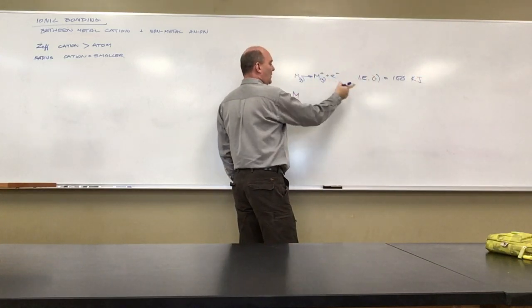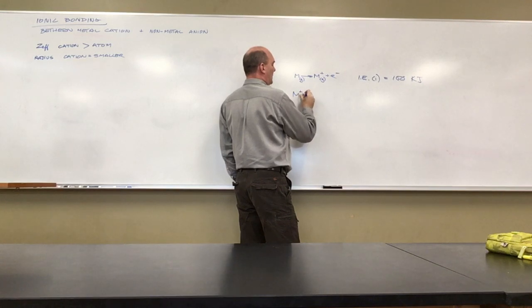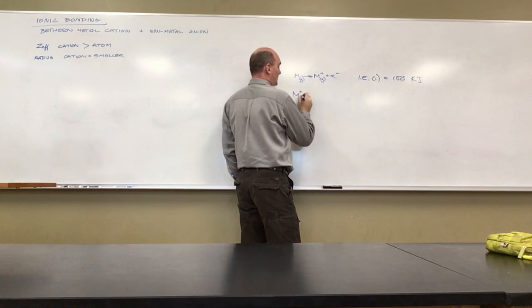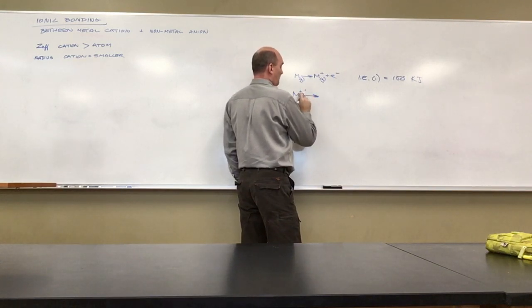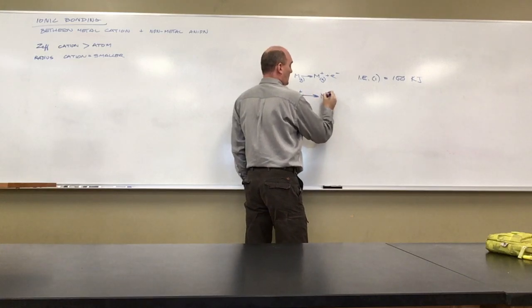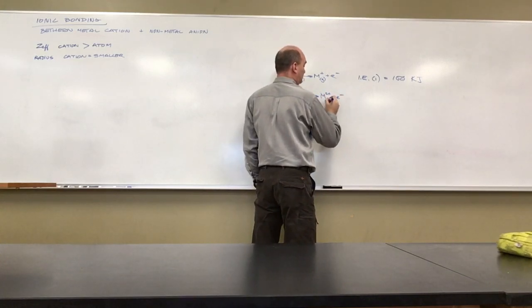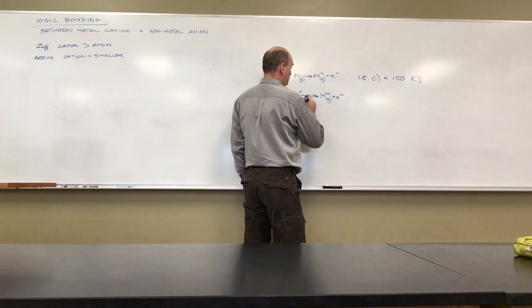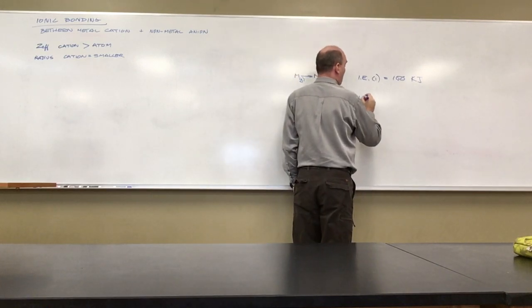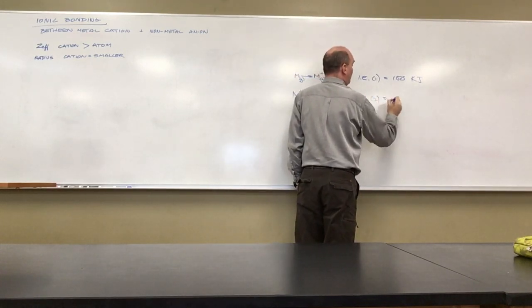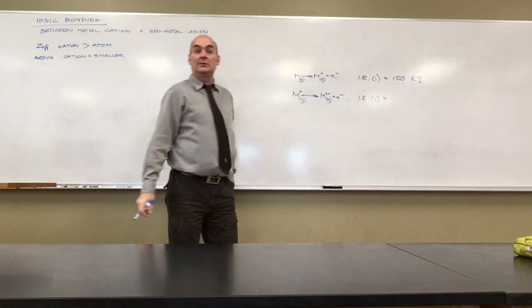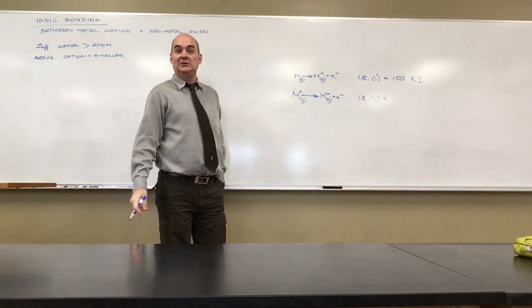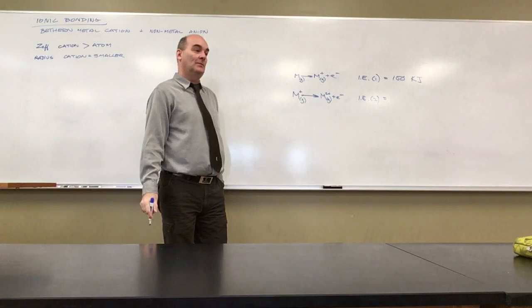But the metal that I'm looking at is magnesium, so it has to do that twice. So that would be sequentially through two ionization energies, because you can't take them both at the same time.